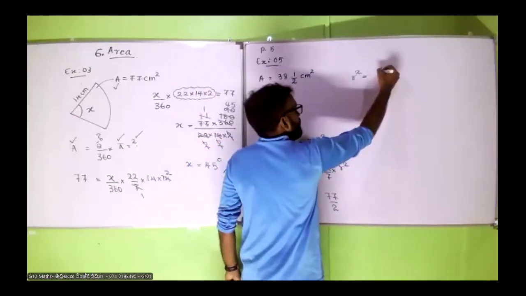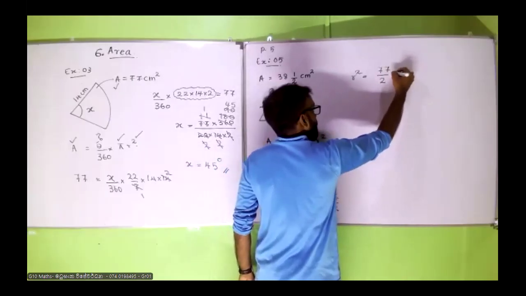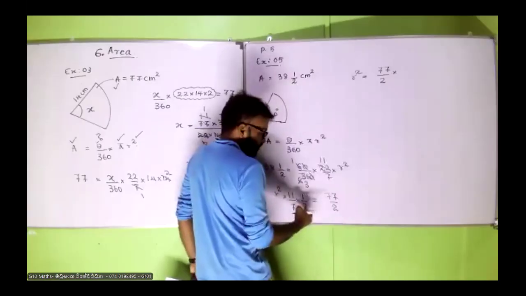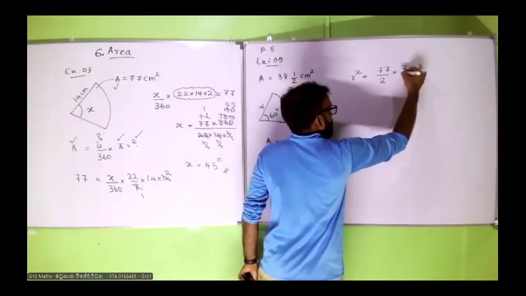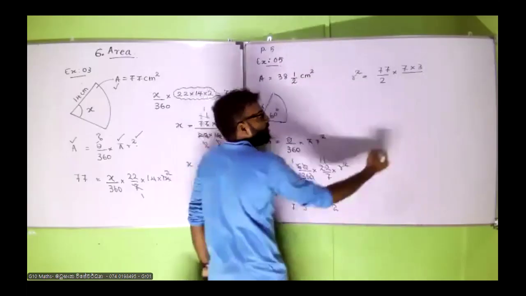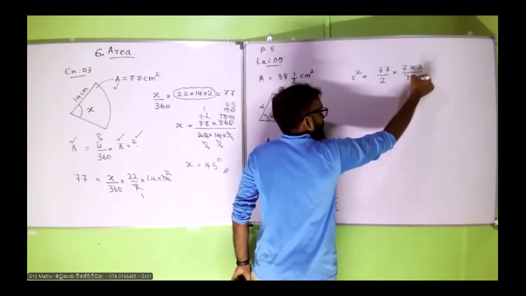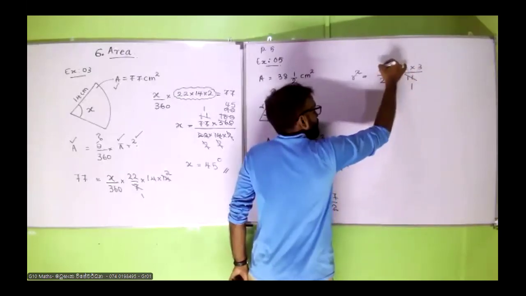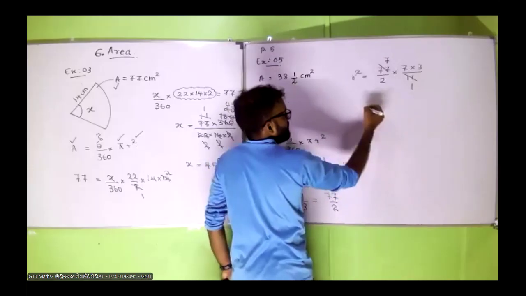So 77 divided by 2 multiplied by 7 into 3, divided by 11, which goes to the denominator on the other side. Now simplify: 11 times 7.